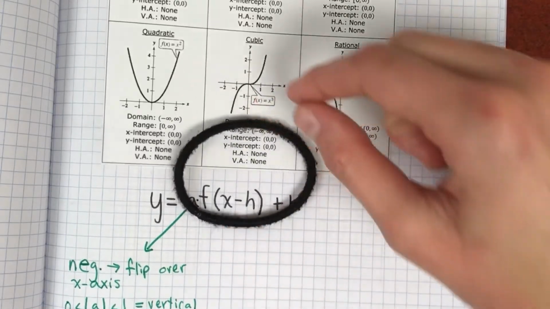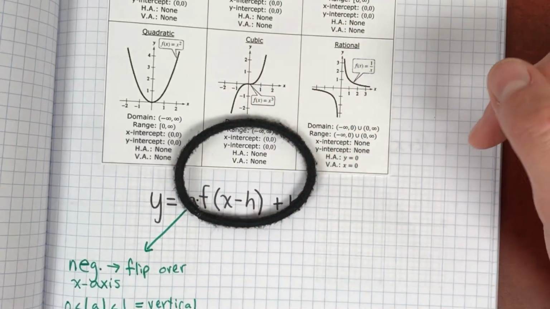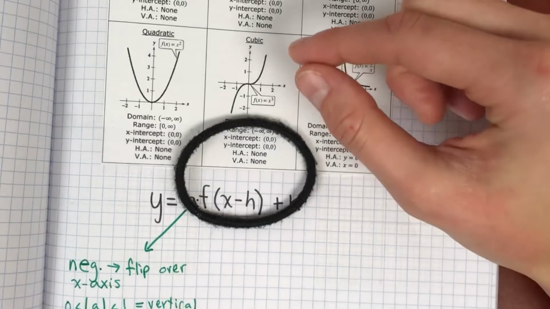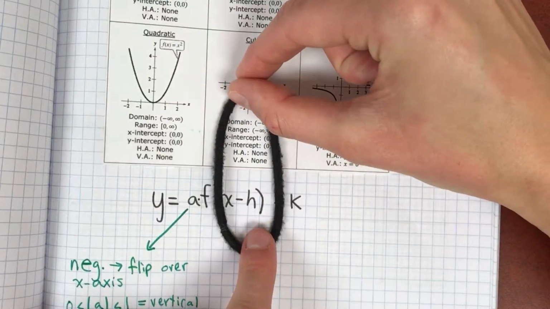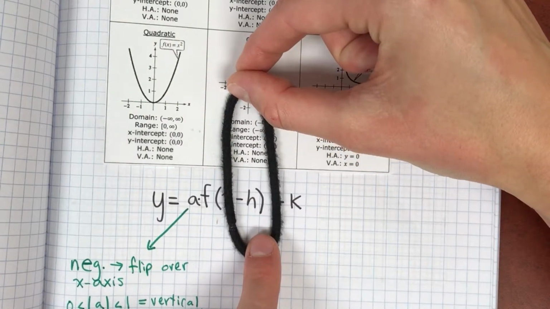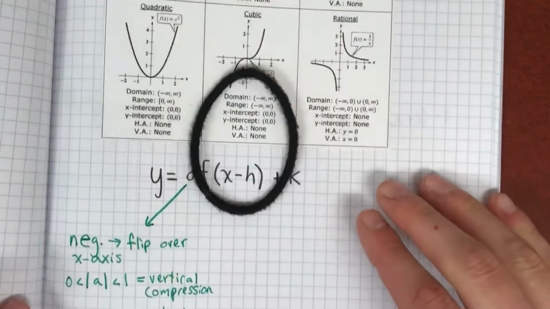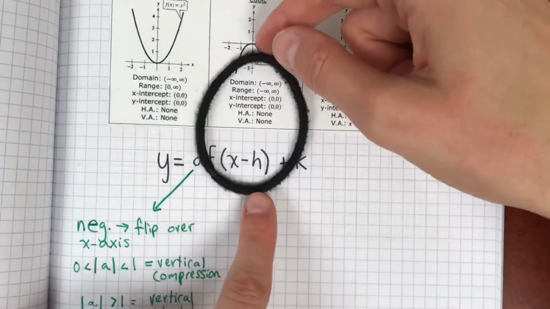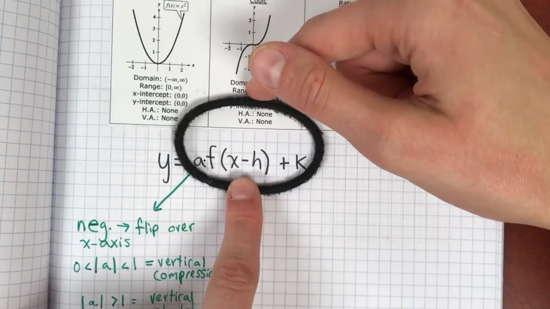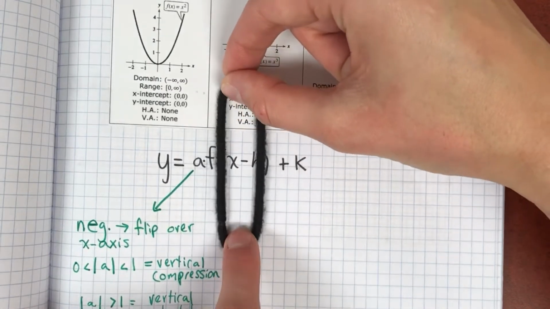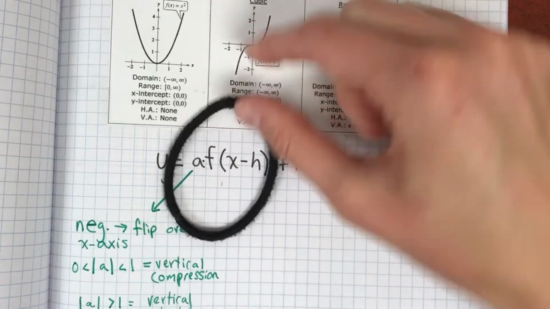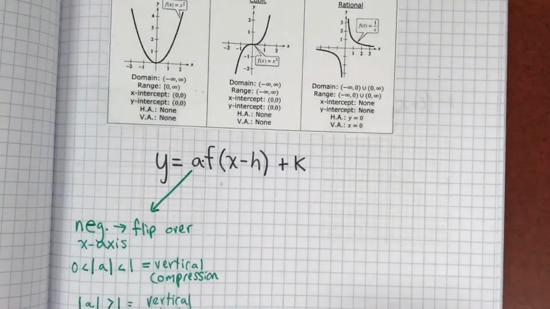And if it's a stretch, we're going to vertically pull this and it's going to be skinnier. All right, and it's kind of weird. A compression is a smaller number. So the smaller the number, the wider it gets. The bigger the number, the skinnier it gets. All right, and so that's one way that I like to think about that A value.